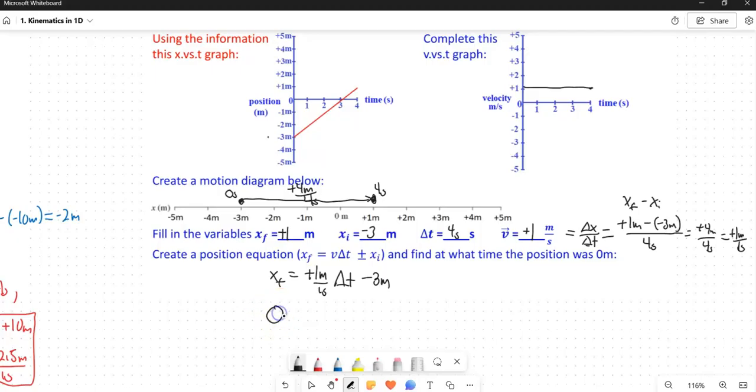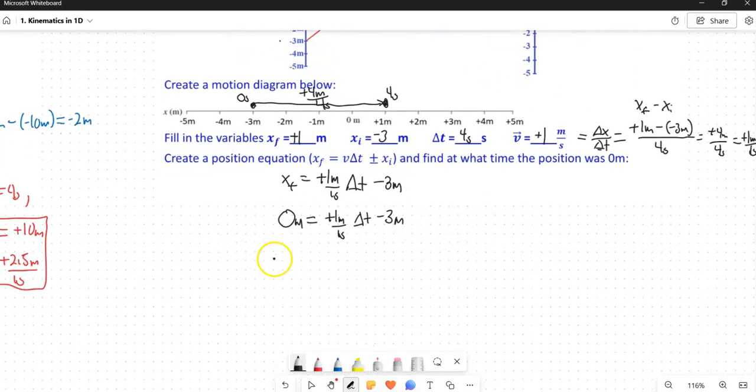So we're going to put in a final position of 0. And this is going to be positive 1 meter over 1 second. And we're going to be solving for delta t in this case. So this is the best way I know how. So we're going to add that 3 onto the other side. So positive 3 meters is equal to positive 1 meter per 1 second, delta t.